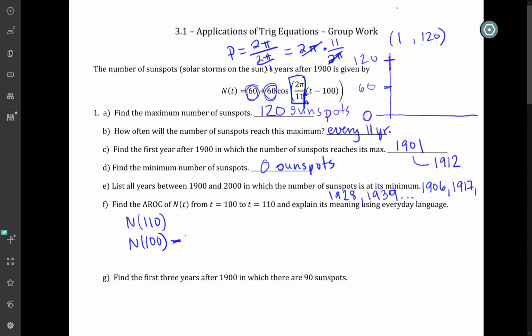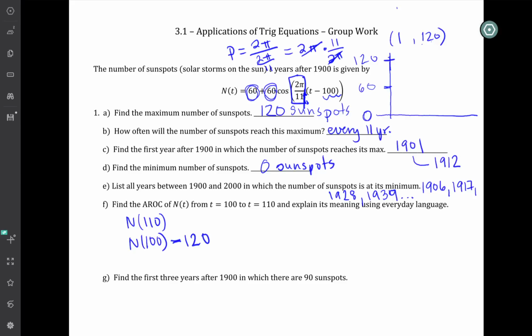You can always plug it in your calculator and check, but since we know this thing is shifted by 100, we know it should hit its max of 120 in year 100. So then we just need to figure out where it's at in 110, so hold on for a minute while I do some off-screen calculator chugging. We'll see if I have this phone calculator in the right mode.